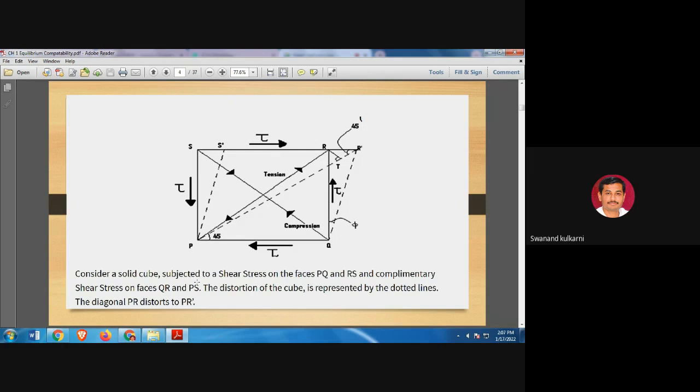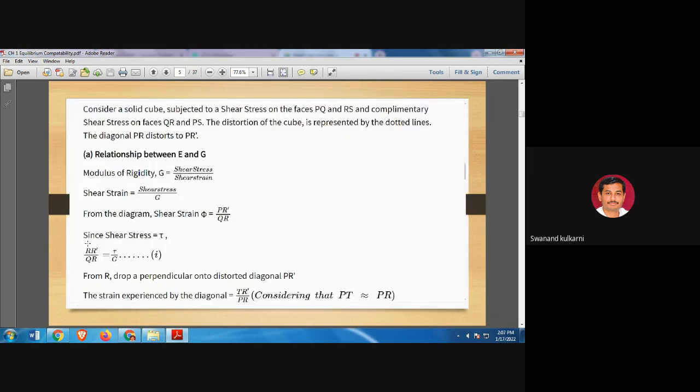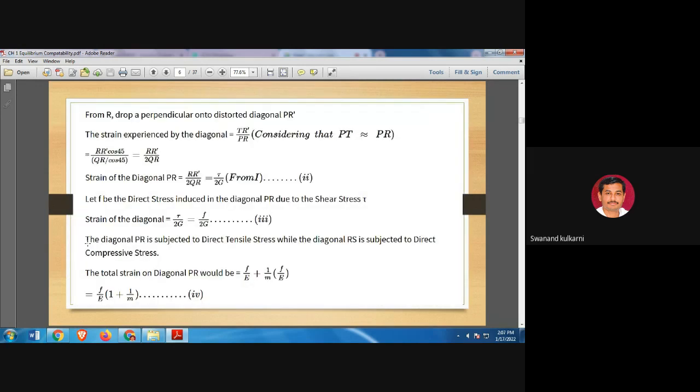In order to understand the behavior and response of the material, we require the four elastic constants E, mu, G and K. Unless we know these elastic constants, we cannot predict the behavior of the material. Is it okay?